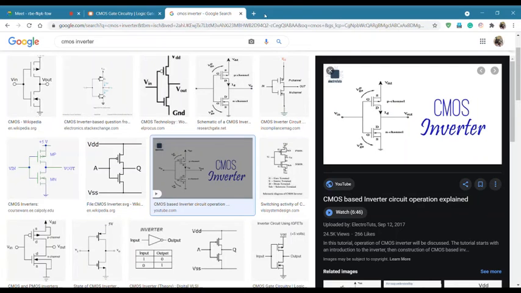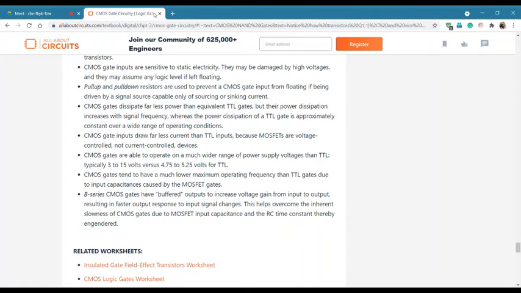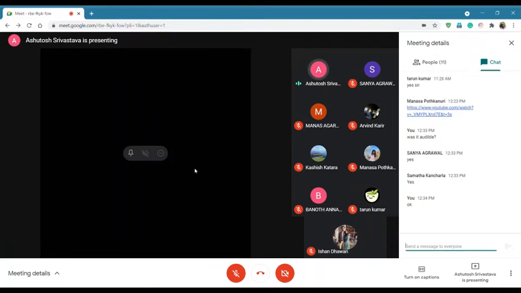But we will not get into the detail right now, maybe at a later stage. Just a brief, because this is an introductory class. So all the universal gates are based on just combining NMOSFET and PMOSFET in series or in parallel.